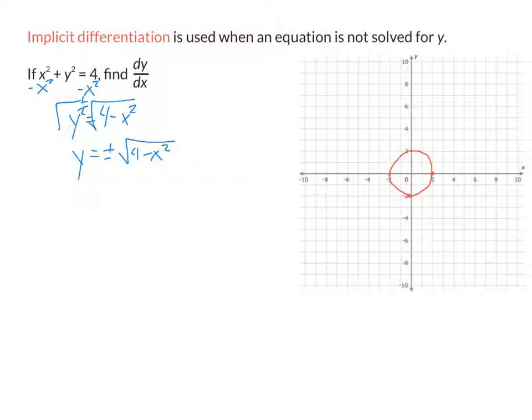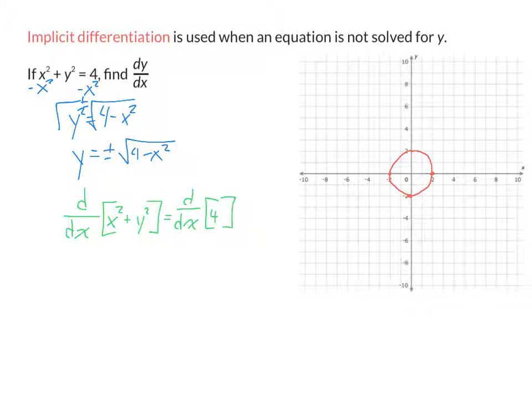Now implicit differentiation just means that we have to do the derivative of both sides of our equation. So we'll do the derivative with respect to x of the left side, x squared plus y squared, and that will equal the derivative with respect to x of our right side, which is 4. And so what does this look like?